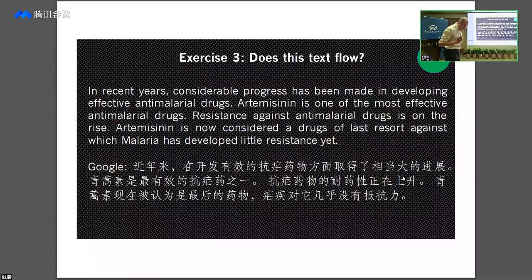So now I would like everyone to tell me, do you think this flows? Yes or no? Do you feel this text has a nice logical structure? Do you feel that from sentence to sentence you can really follow the reader? Yes or no?